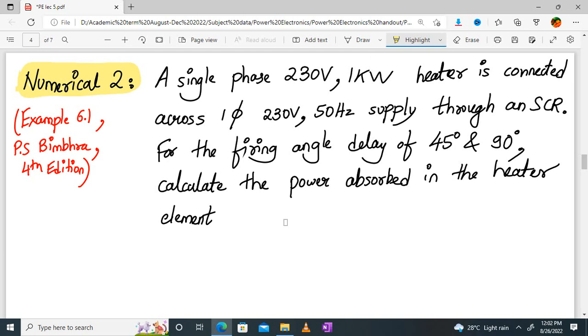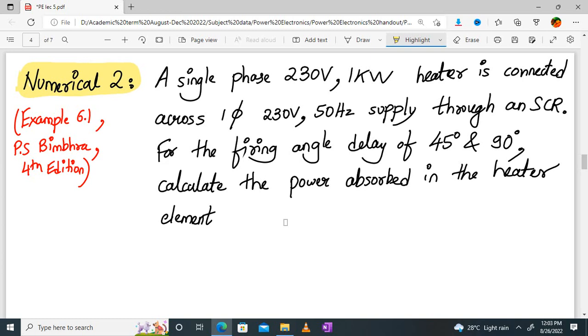A single phase 230 volt 1 kilowatt heater. All of you are using geysers at home, right? That's heating the water, right? So here we have a single phase 230 volt 1 kilowatt heater connected across single phase 230 volt 50 hertz supply through an SCR.